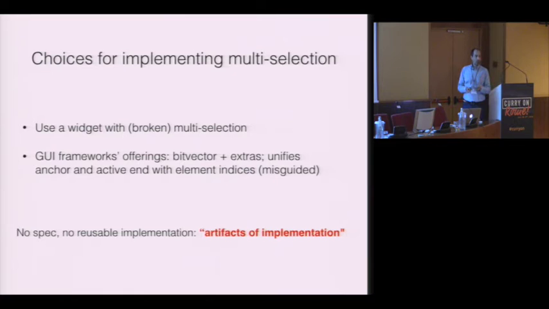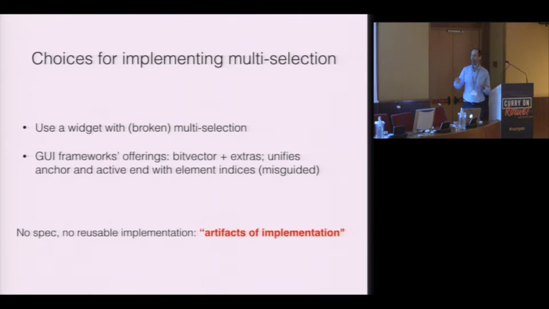When a programmer programs multi-selection, there's usually two choices. You pick something that already has multi-selection, like a widget of a kind, a list box or something. Then you get that multi-select behavior, and it's easy, but it's usually broken. Or if you can't fit your thing into a widget, you can't reuse the widget, then you're going to use some of these GUI frameworks, selectable views or something, and build another.